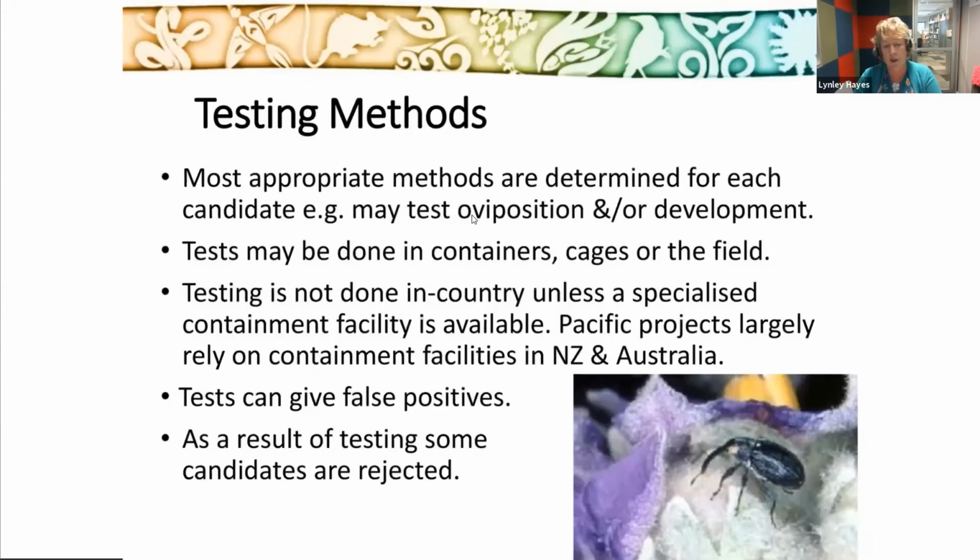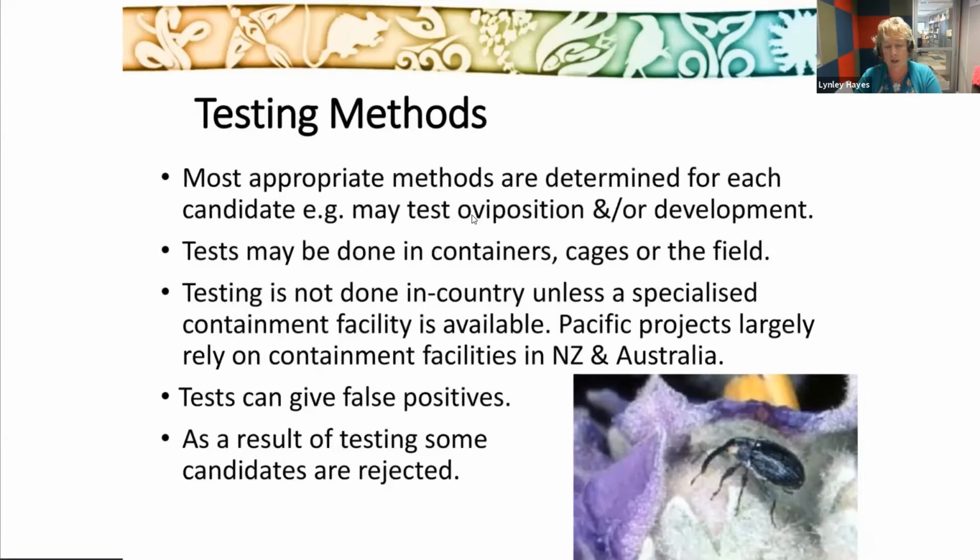Testing is not usually done in country unless you have a specialised containment facility that you can do the testing in. Now, these specialised containment facilities are pretty few and far between. We have a couple in New Zealand and there are a couple in Australia. There's one in Hawaii, but otherwise they're not available.